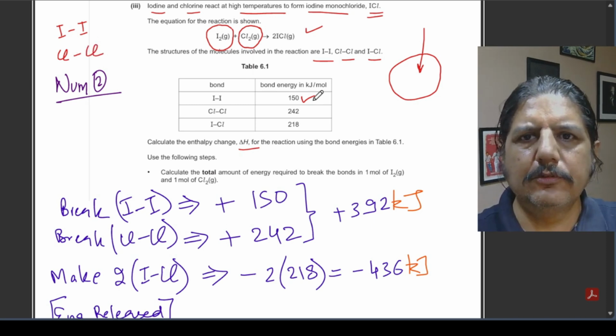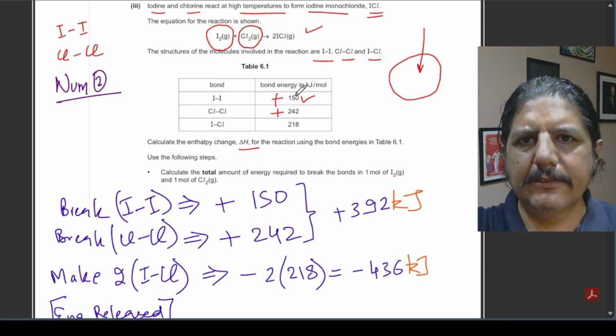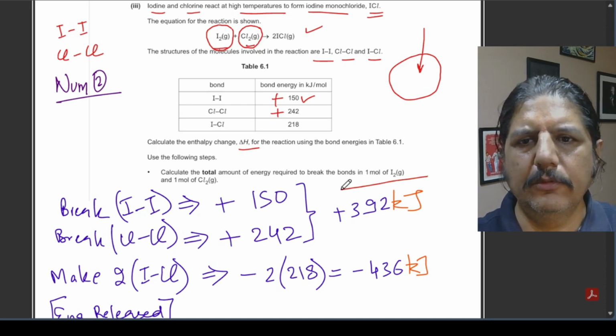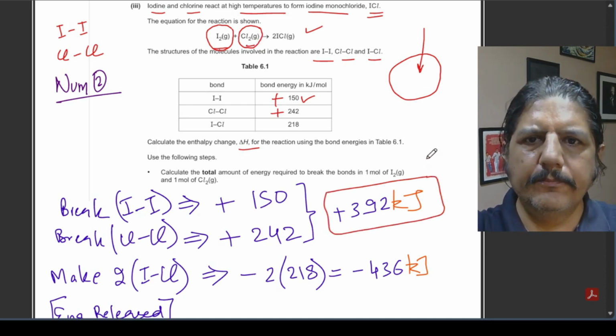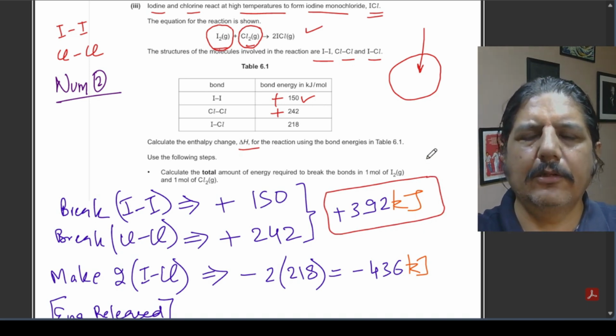So the total energy which will be required would be, because it's energy which we will have to put in the system, for 1 mole of iodine and 1 mole of chlorine, 392 kilojoule. This is the amount of energy which is required to break the bonds of iodine and chlorine.